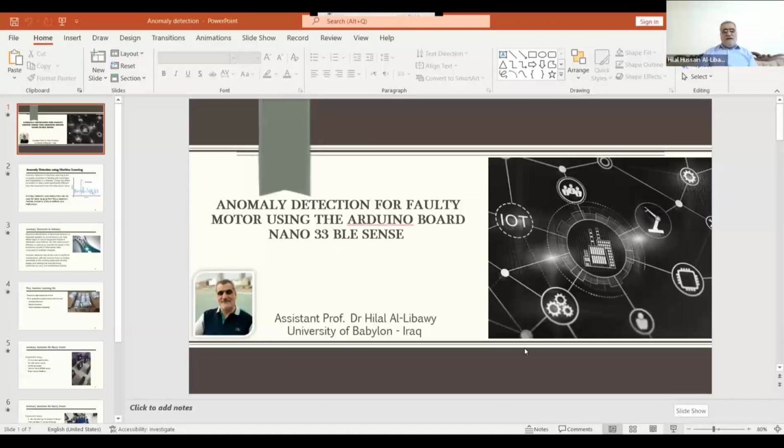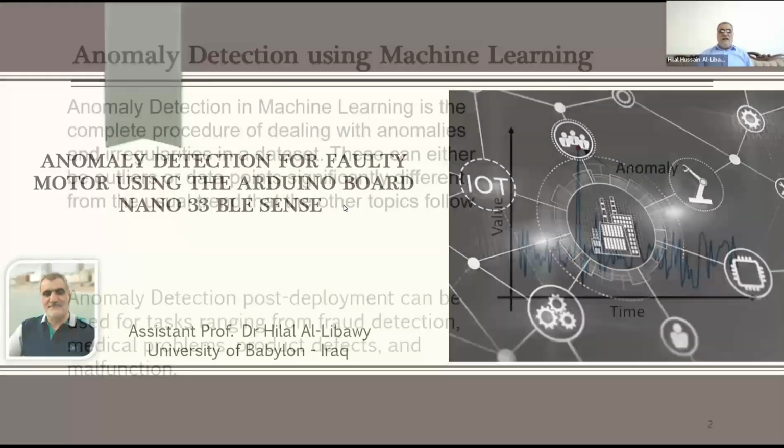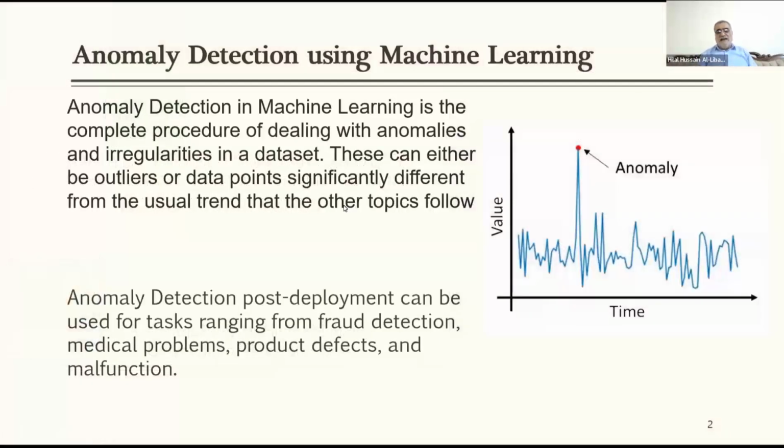Great. So today I'm happy to share this experiment of our end-of-year graduation project in the Babylon University Electrical Department, which is about how to detect anomalies for faulty motors using the Arduino Nano 33 BLE Sense. Anomaly detection is how to detect something different from normal behavior.